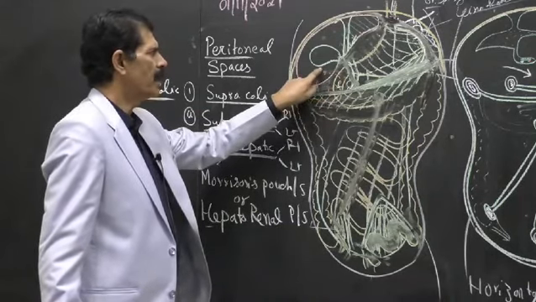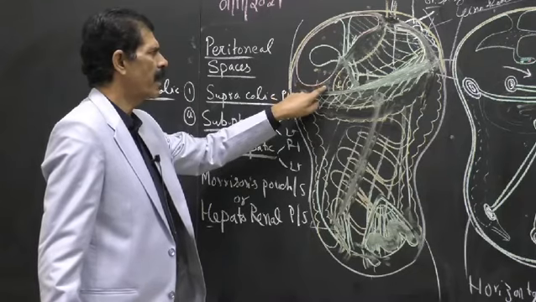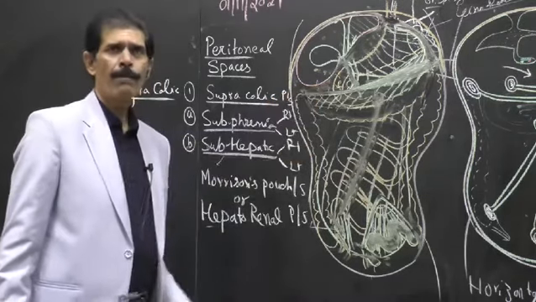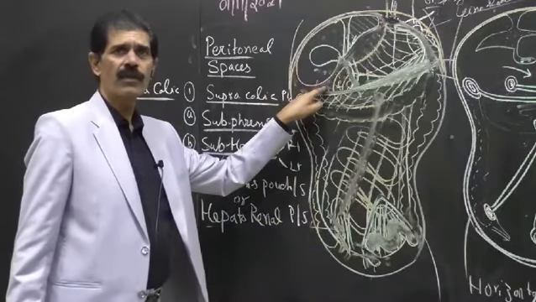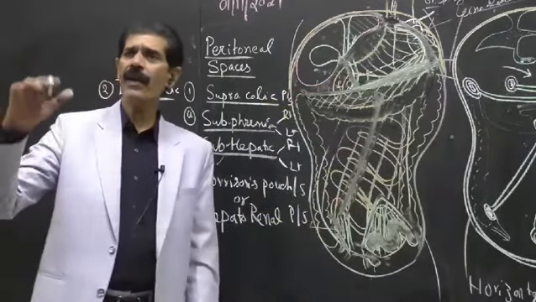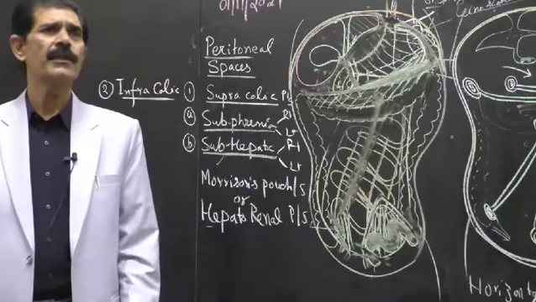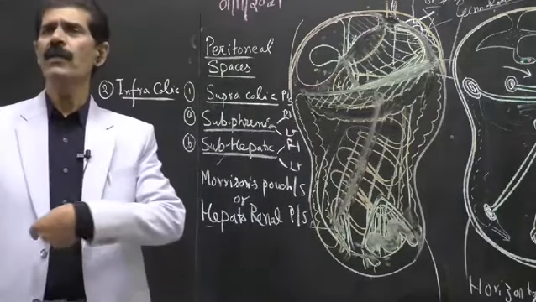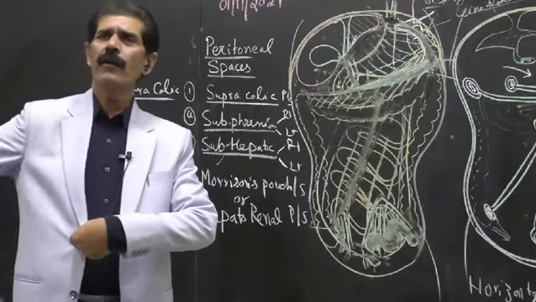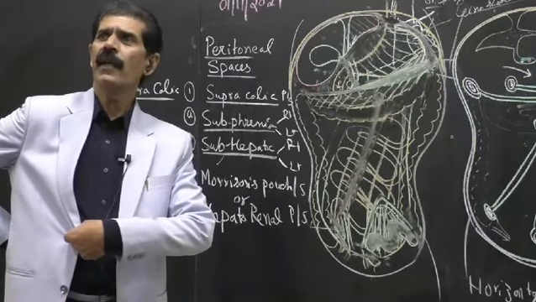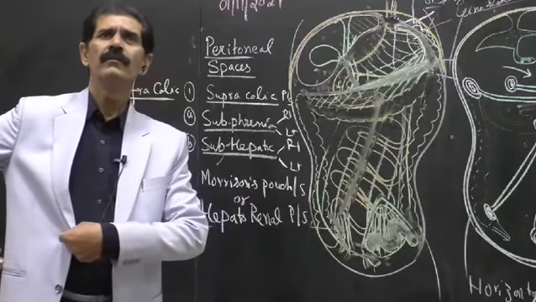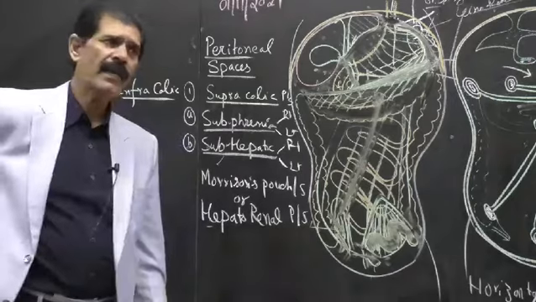So the space below the liver and anterior to the right kidney is called Morison's pouch or hepatorenal pouch. This is the most dependent part of the peritoneal space when the patient is lying in the supine position. From the anterior abdominal wall you touch the right kidney lying posteriorly, so it is the deepest part.